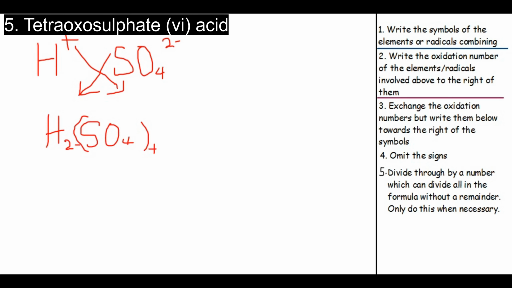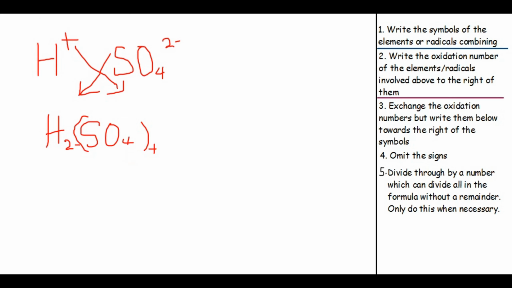And since the number attached to this plus is 1, and when 1 multiplies everything in the bracket, it is going to still be the same, what we're going to do is remove the bracket. So we'll have H2SO4 as our tetraoxosulfate 6 acid.